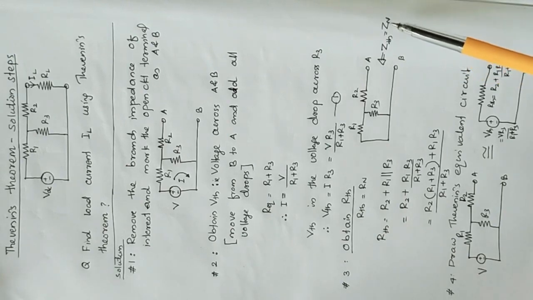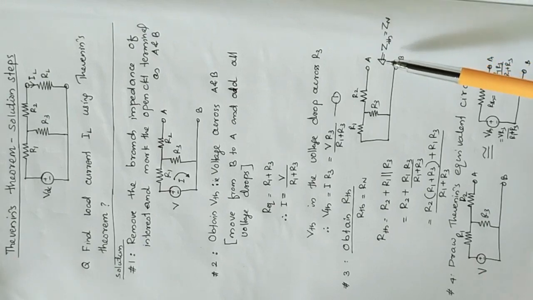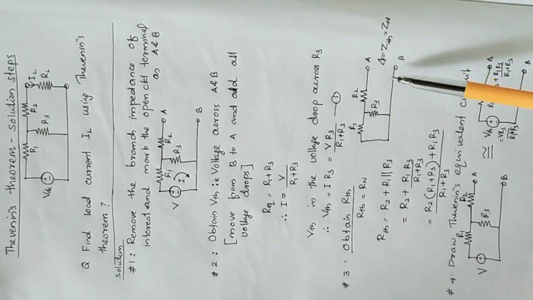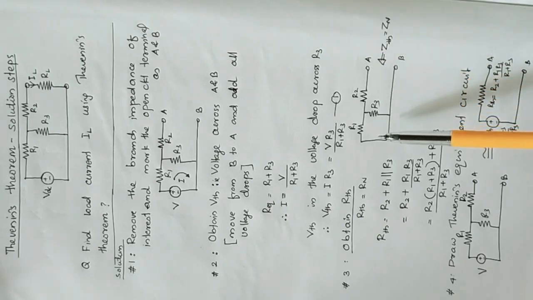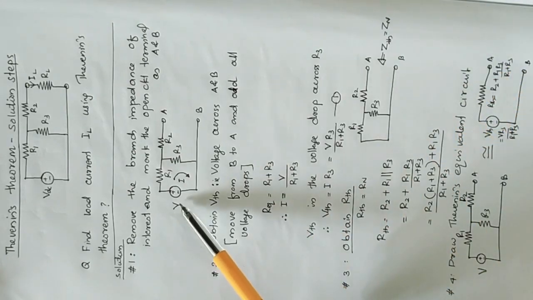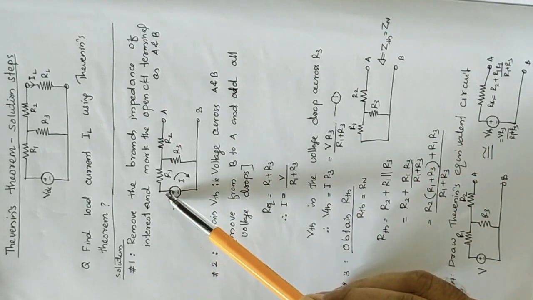In order to obtain it, we need to see the impedance through the open circuited terminals, keeping all independent sources at 0. Here only one independent source is available, that is the voltage source. We need to make the voltage source 0 by short circuiting. So we short circuited this voltage source.